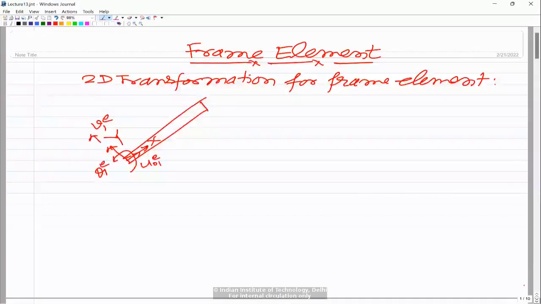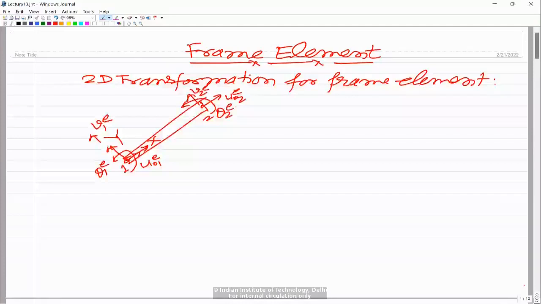This is local node number 1, this is local node number 2, and the degrees of freedom here are u naught 2e, v naught 2e, and theta 2e. So these are the degrees of freedom in the local coordinate system.